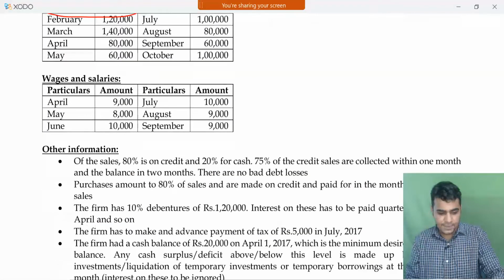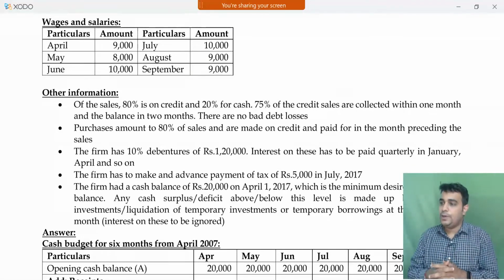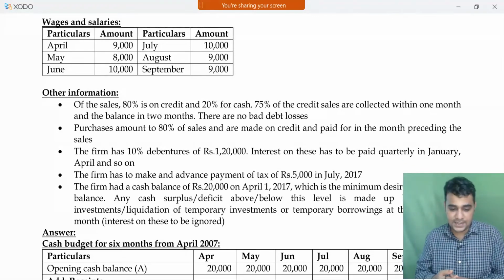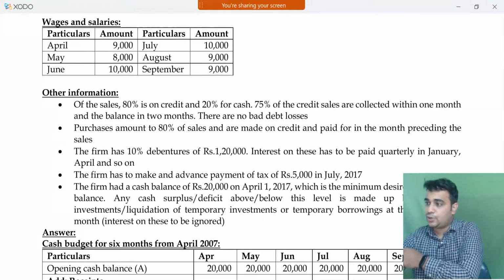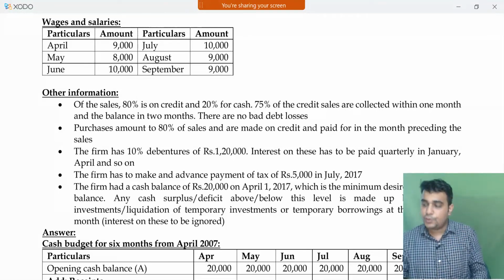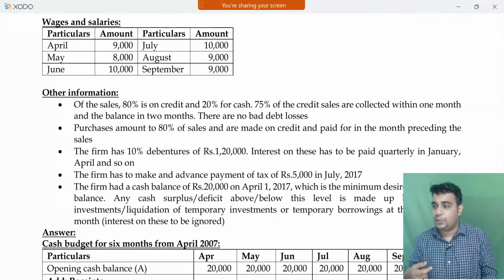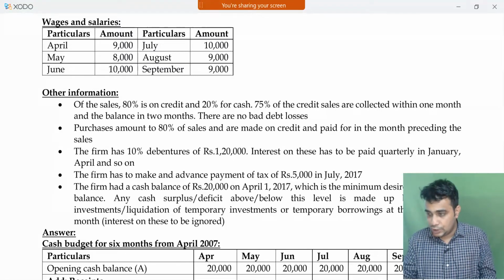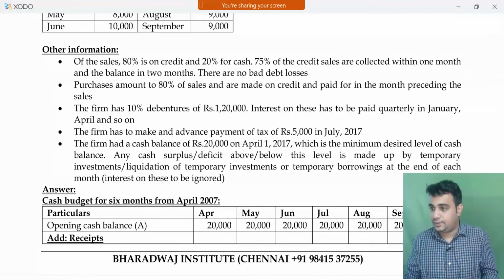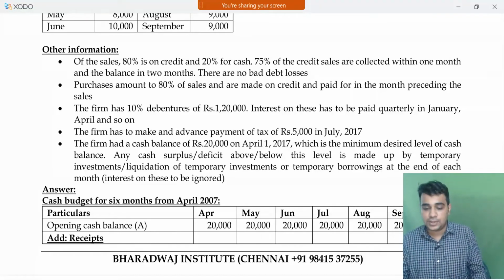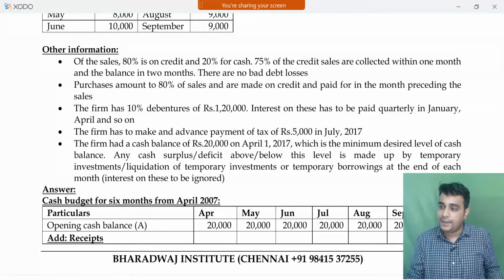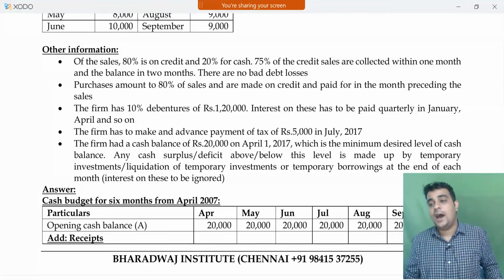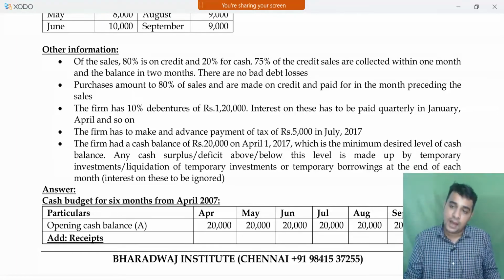Apart from this, I don't see any inflow being there. Purchases are there, some interest payment is there, advance tax payment is there. So there are no other inflows. You can have some borrowing to be taken. If you have a negative balance, you may have to borrow, or if you go below 20,000, which is the minimum desired cash, any surplus or deficit will have to be made by temporary investment or liquidation of temporary investment or temporary borrowing.